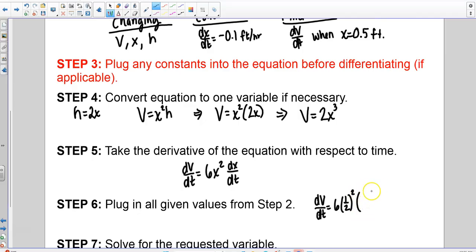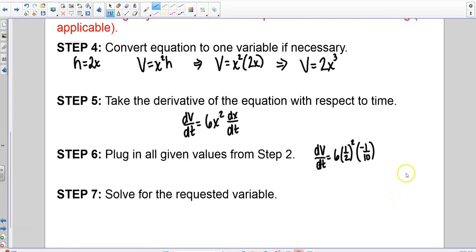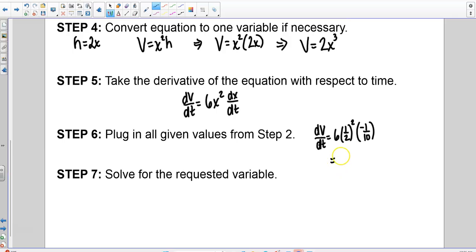And then I've got negative 0.1. I'm going to go negative 1/10 on that right there. Again, if you're more of a decimal person, go for it. And then we just have to simplify. So we're looking at 6 times 1/4 times negative 1/10.